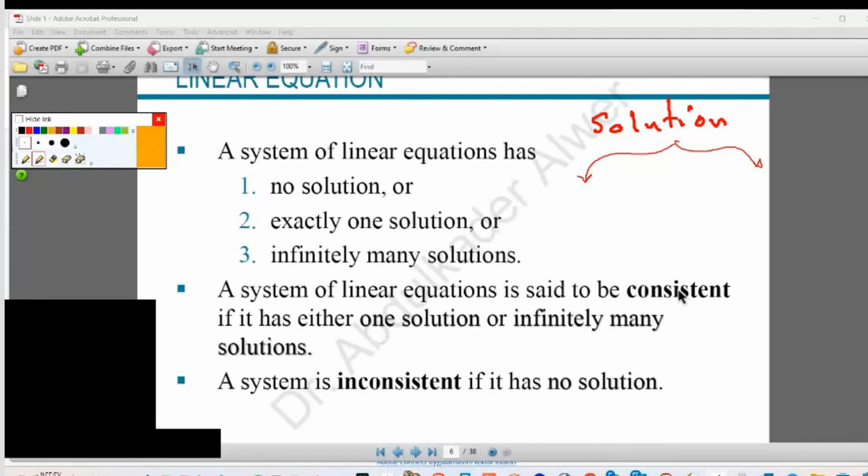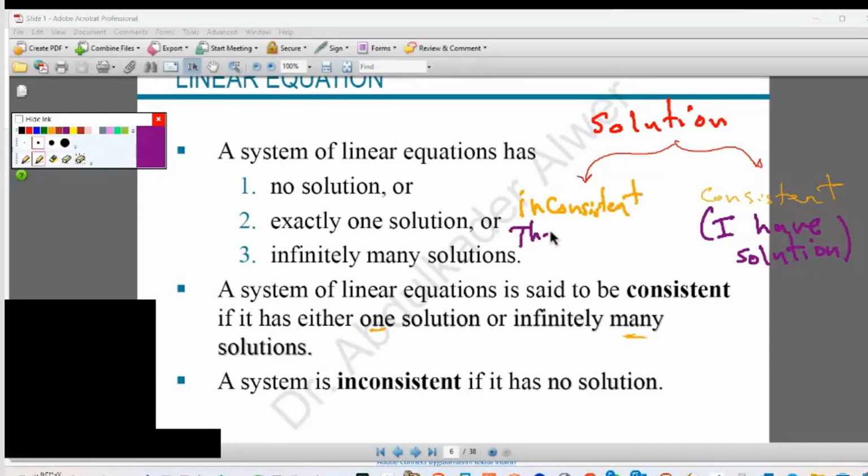What's the first name here? Consistent. If there is one solution or many solutions, consistent means I have a solution. Inconsistent if there is no solution.